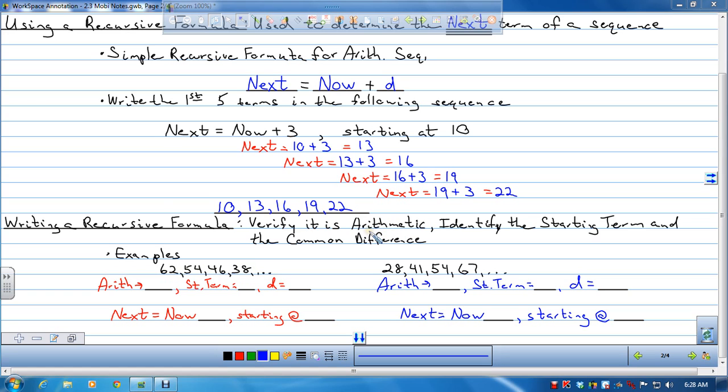So you want to make sure it's going up or down by some constant value. Next, you're going to want to identify the starting term, which is pretty easy. It's the first term. And then the common difference. So you look at what you are either adding or subtracting. Remember, if you're going down or subtracting, then that common difference is negative.